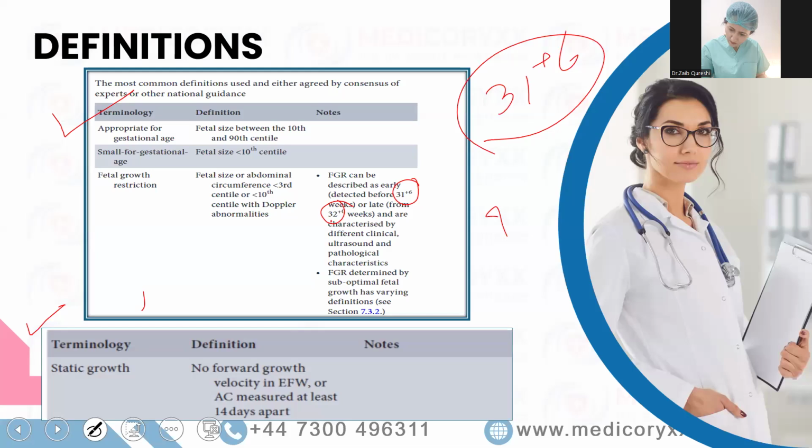Because they confuse you in the real exam as well, they are going to give you a particular scenario, and then they can confuse you with 31 plus 4, 31 plus 5, 28 plus 2. I'm sure you must have seen a couple of questions around this. The significance is that after 31 plus 6, after 6 days, the seventh day will start, and that will be counted by the end of the day as 32 plus 0 weeks.